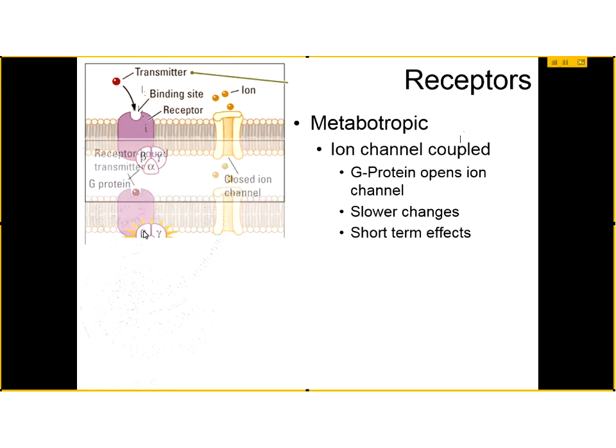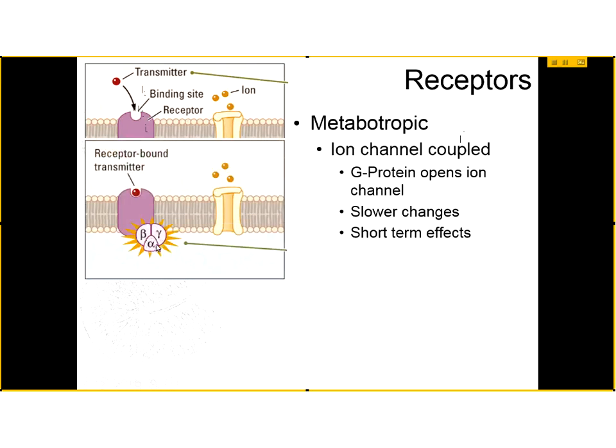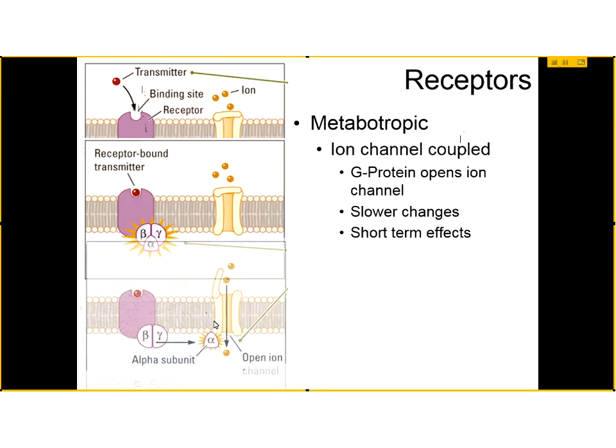After that G protein has been activated, an alpha subunit will then come over and cause this ion channel to open up, allowing certain ions to flow through and produce either an IPSP or an EPSP.